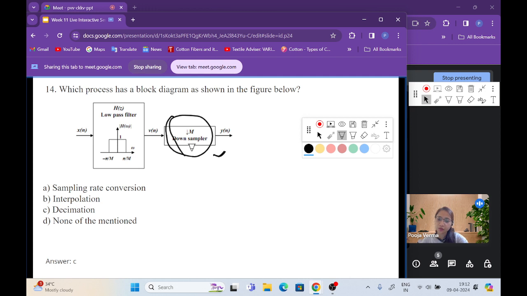So here we are downsampling or decimating the sequence by a factor M. So this block diagram is related to decimation only. So option C is the correct answer for this question. Okay, so moving to the next question. I hope all of you understand this question.